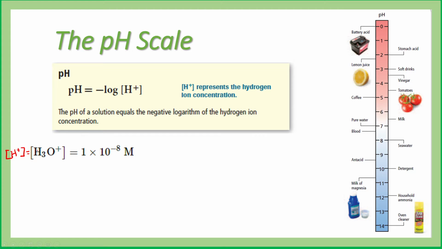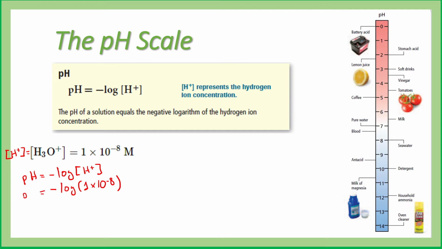And you can calculate the pH using the formula. pH is equal to the negative logarithm of the hydrogen ion concentration. So it will be the negative logarithm of 1 times 10 to the minus 8.